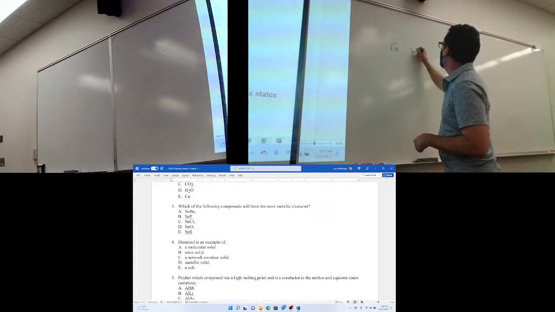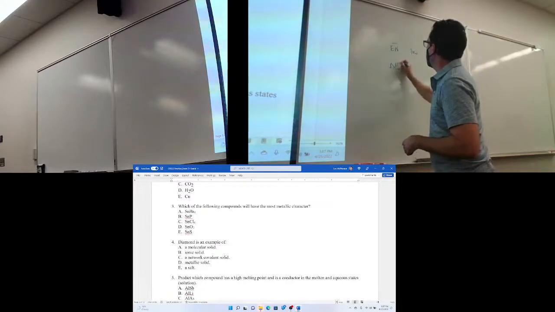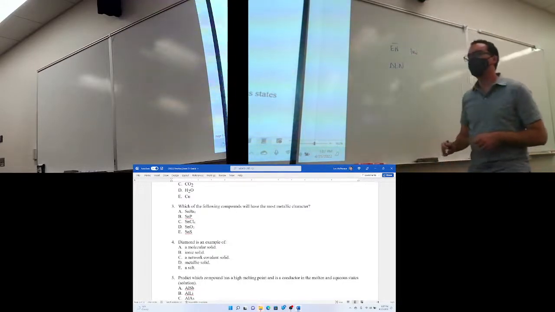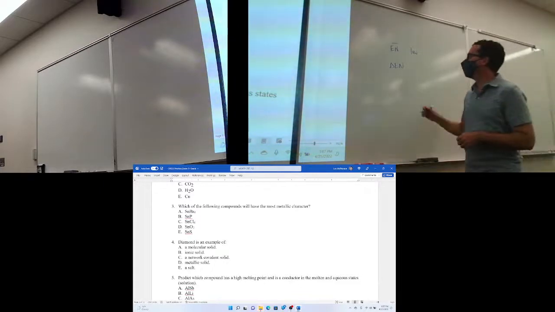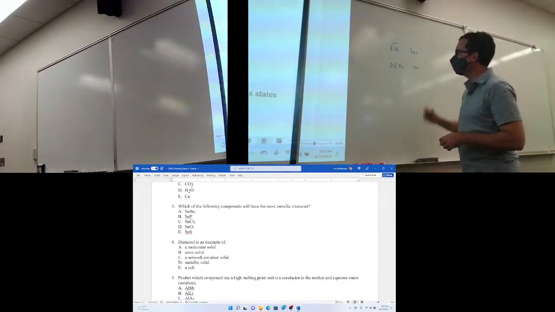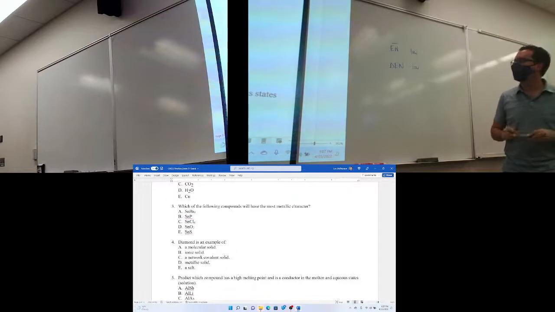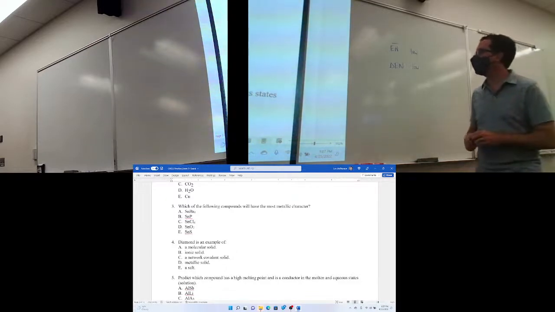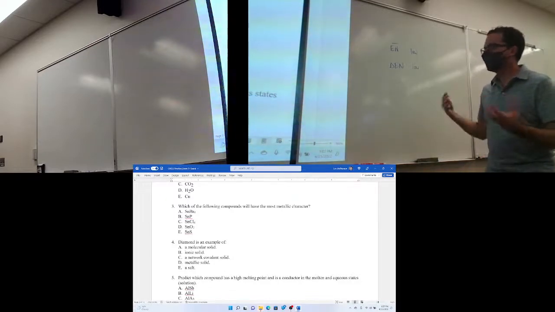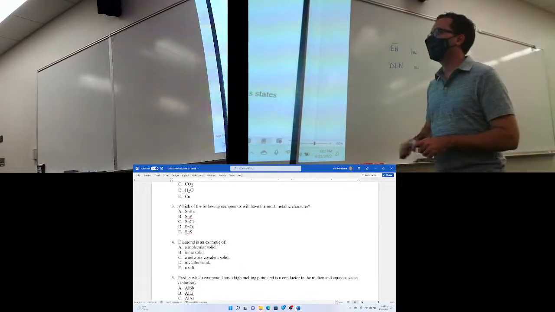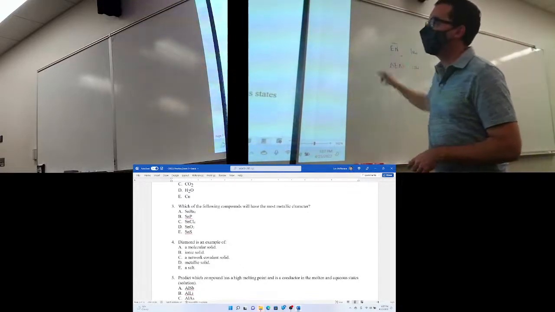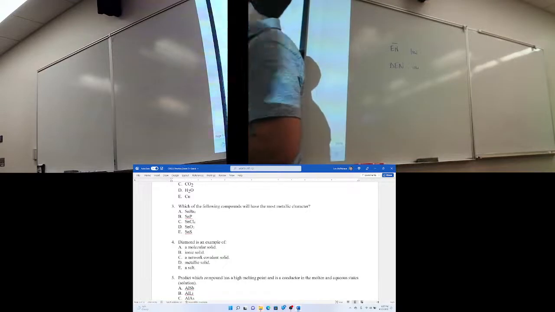Metallic, yeah, low. And for the difference in electronegativity, I think we want that to be fairly low as well. The larger the difference in electronegativity, the more ionic it's going to be. So we want low average electronegativity, and so you have to basically calculate all these.